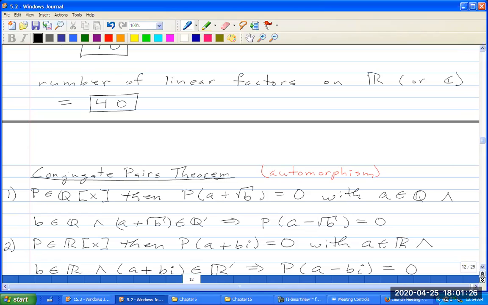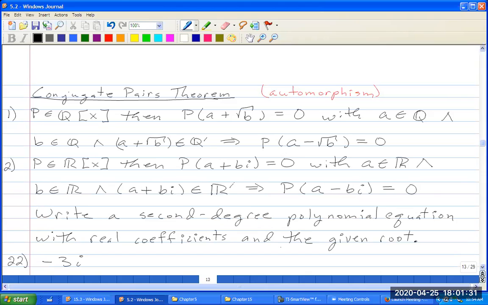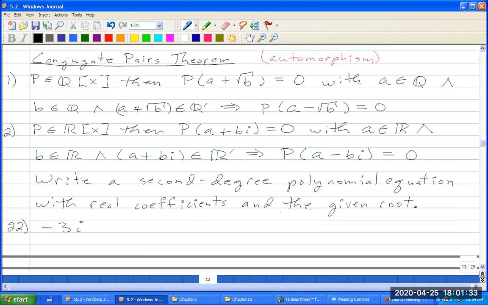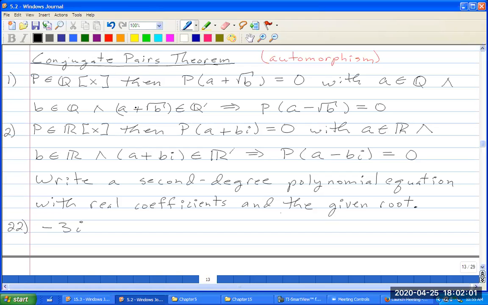Okay, so now let's look at automorphisms. These will become important. Well, they were found to be important by Galois in solving polynomials, or determining when polynomials have solutions and how they can be determined.